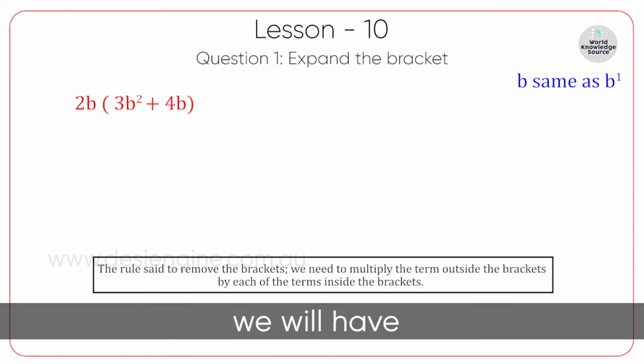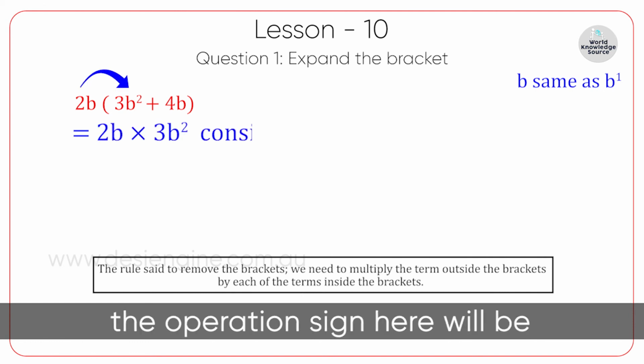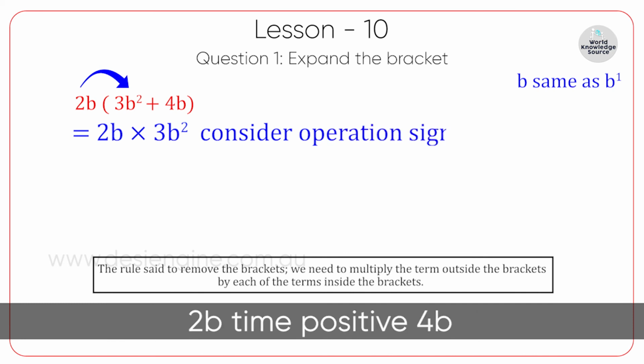Applying the rule, we will have 2b times 3b power of 2, the operation sign here depending on the next multiplication, 2b times positive 4b.